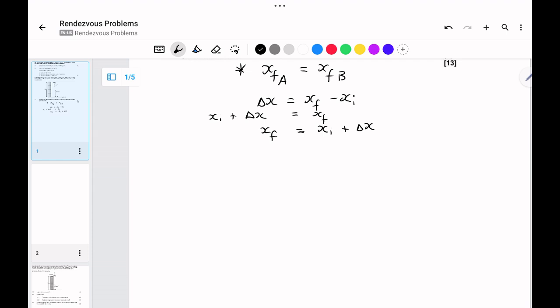So now I'm going to express this equation star a little differently, using the line that I've just written out.